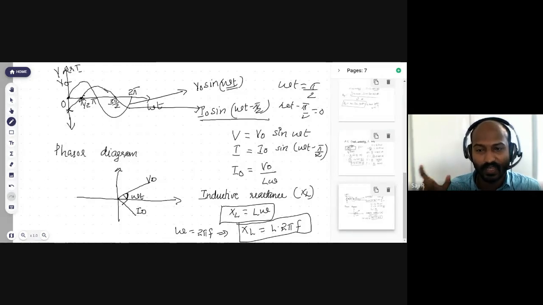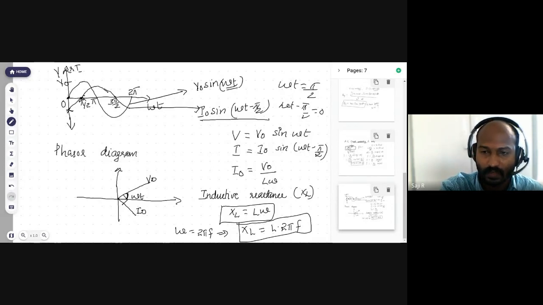Okay, so that is also an important question. Why is an inductor used in an AC circuit to reduce the current instead of a resistance? Or what is the advantage of an inductor in an AC circuit over a resistor? If resistance is used, it may produce some amount of heat energy. But the inductor is not losing any heat energy.